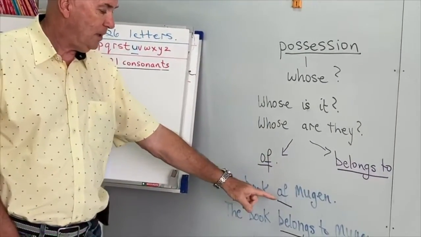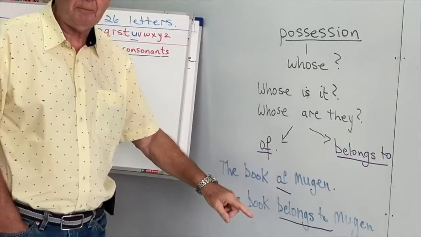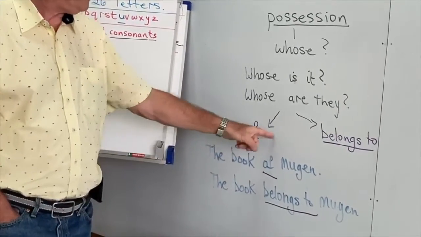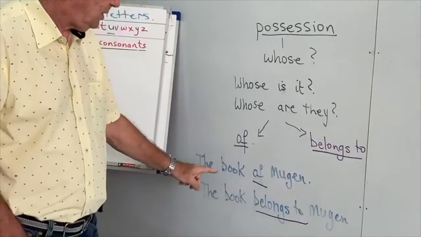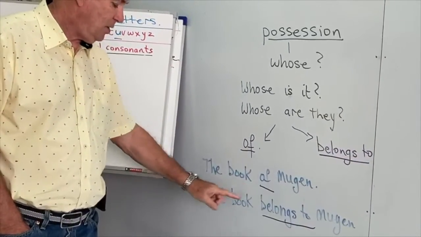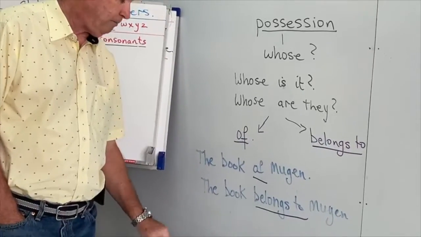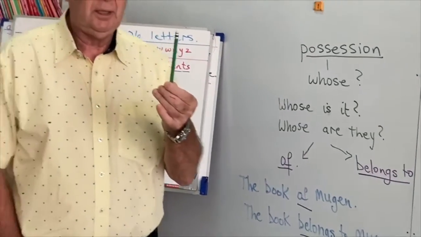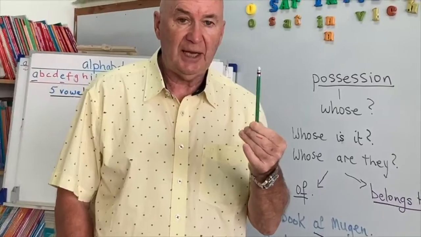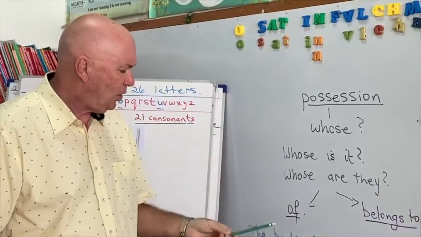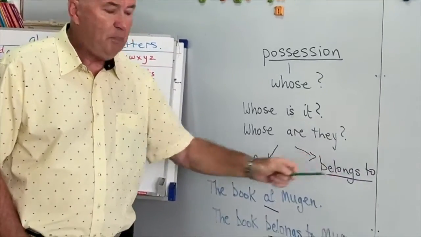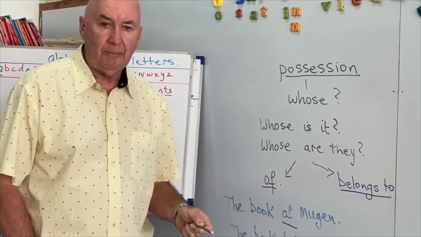The book of Mugen. Or I can use belongs to. The book of Mugen, the book belongs to Mugen. Or I can say, whose is it? Teacher Alan. So it's the pencil of Teacher Alan, or the pencil belongs to Teacher Alan.